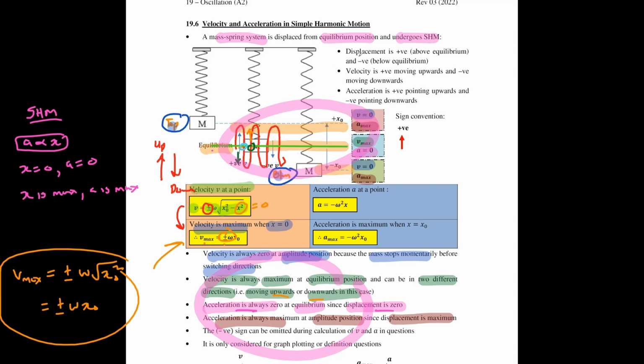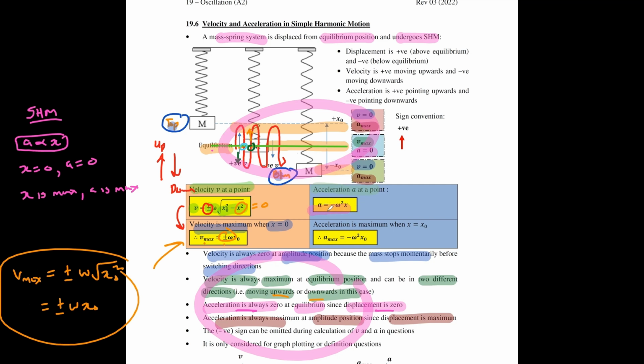Next comes the part where you want to calculate the acceleration at any given displacement. This one will be a equals negative omega squared x. This one is actually your defining equation of SHM that I mentioned in the previous pages.